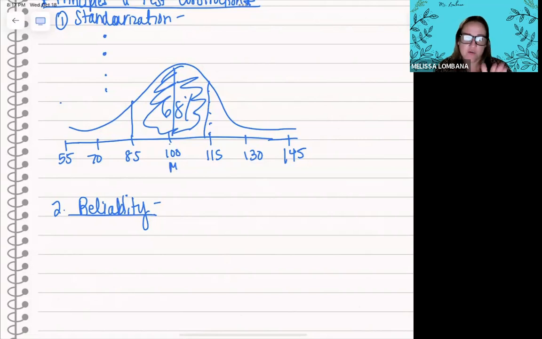For instance, IQ tests are reliable because if you take an IQ test when you were, let's say, 6 years old, and you take one when you're 20 something, it might go up a little bit, but it will stay within the standard deviation. It's not going to jump three standard deviations, because it is reliable. It's going to give you the same results every time.